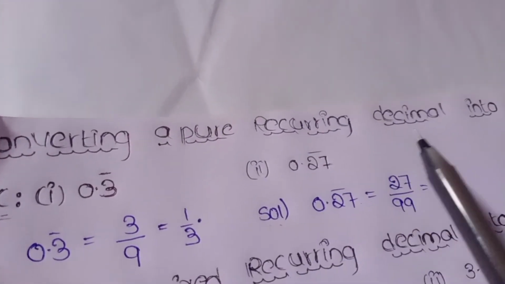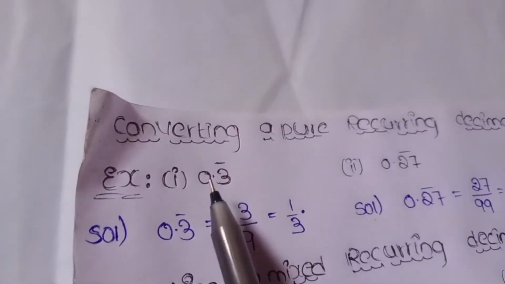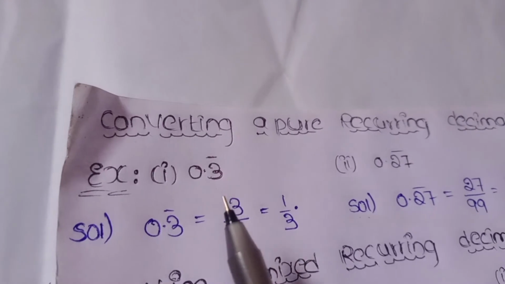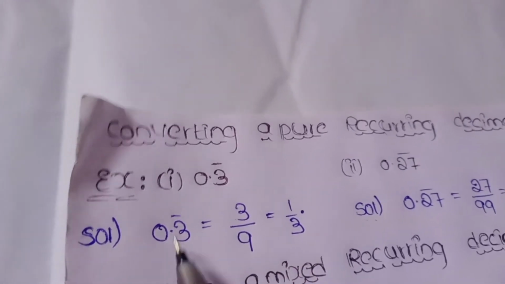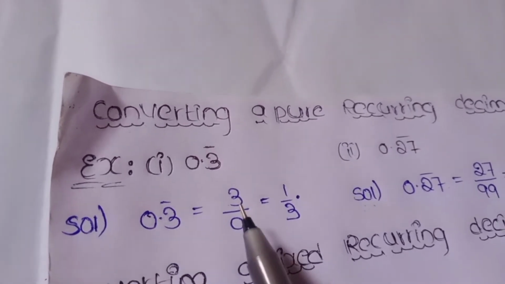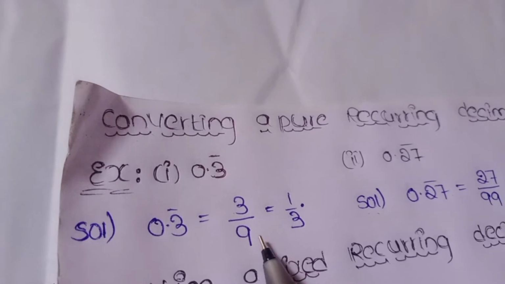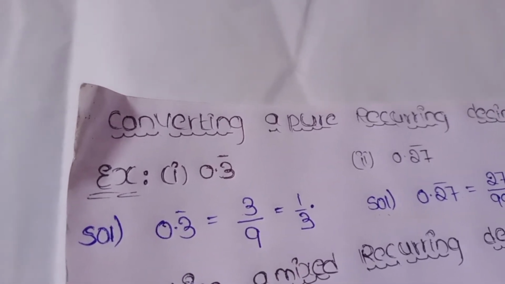Converting a pure recurring decimal into a vulgar fraction. Let us see one example. 0.3 bar. In the numerator, we have to remove the decimal point. After removing the decimal point, it becomes 3. In the denominator, we have to write 9 because here how many recurring points? One recurring point.